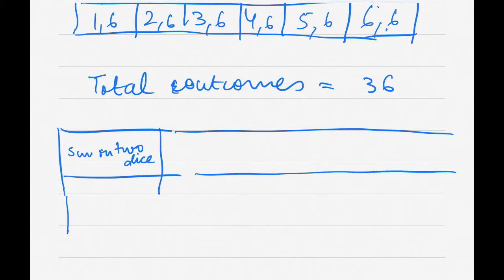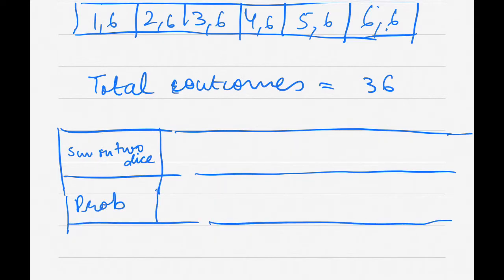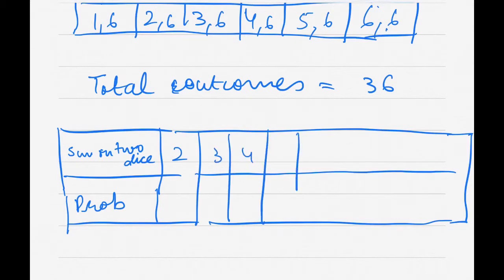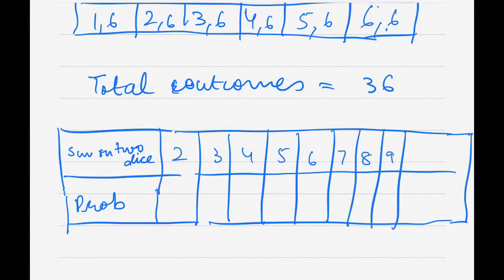So I have to find the probabilities for these different sums: 2, 3, 4, 5, 6, 7, 8, 9, 10, 11 and 12.